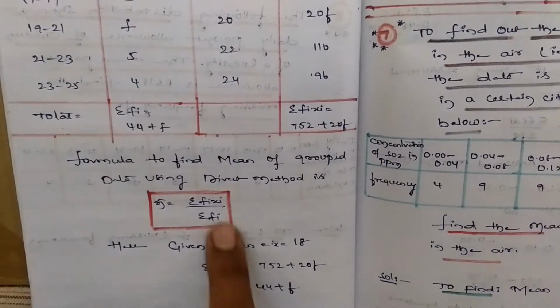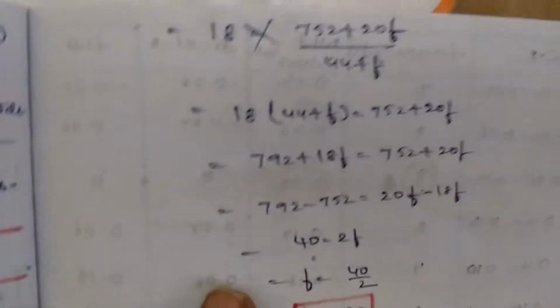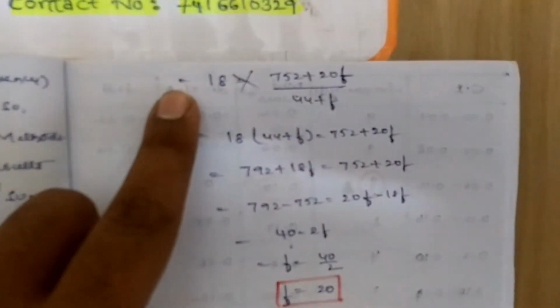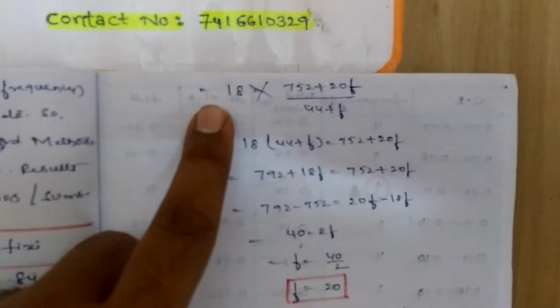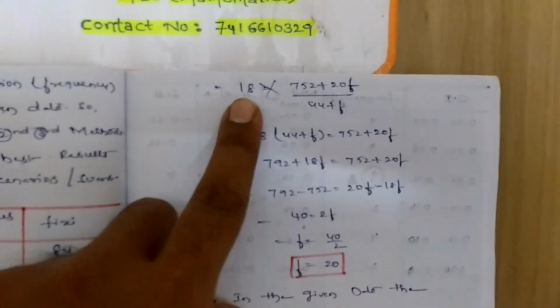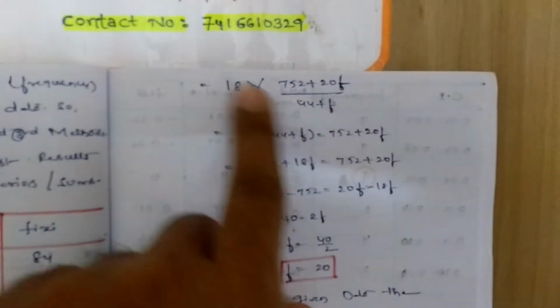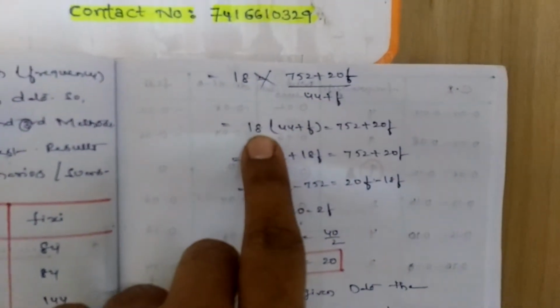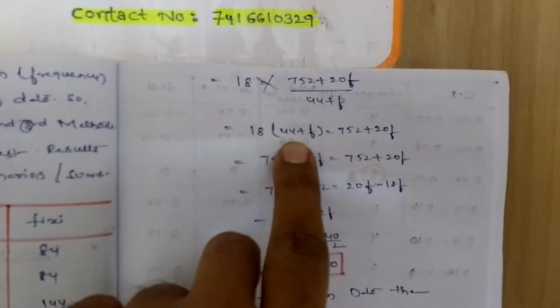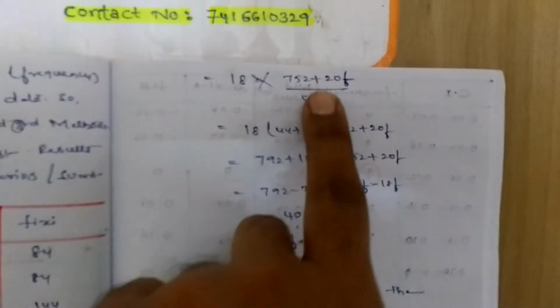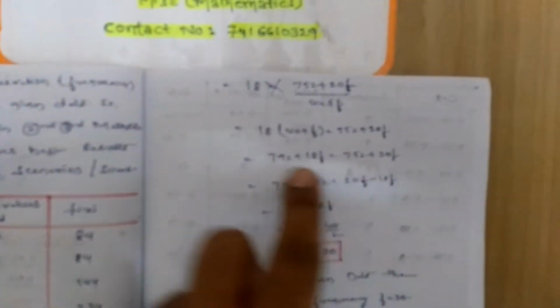So substitute all the values in the formula, students. 18 is the given mean, that is x bar. So 18 is equal to 752 plus 20f by 44 plus f. Take the cross multiplication: multiply 18 with 44 plus f, and the RHS remains the same.